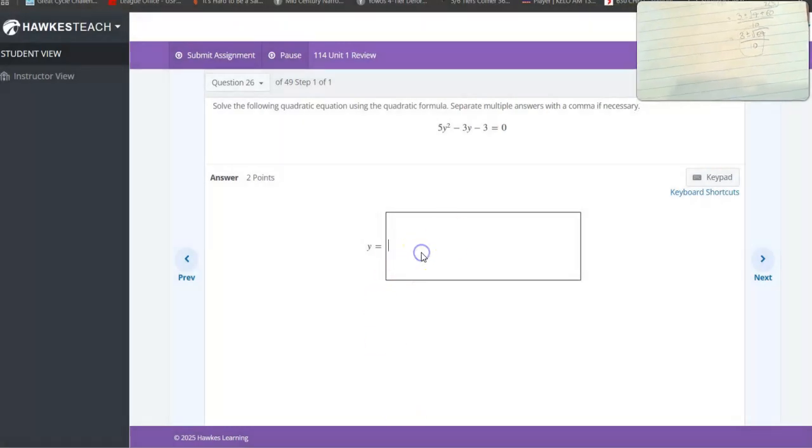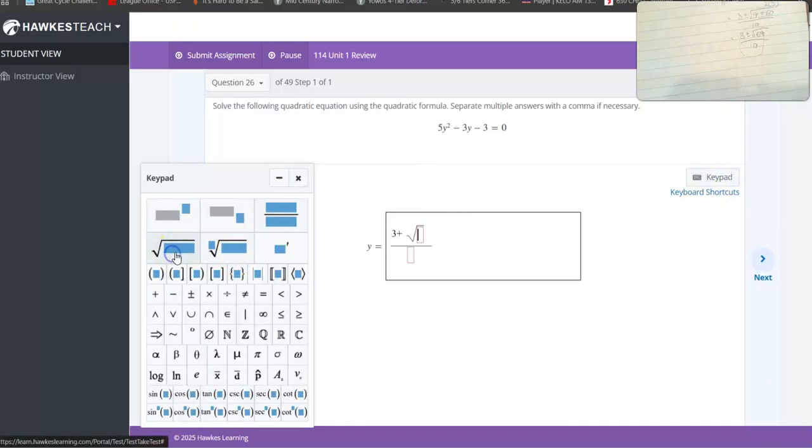So that's going to be our final answer there: 3 plus the square root of 69 over 10, and 3 minus the square root of 69 over 10.